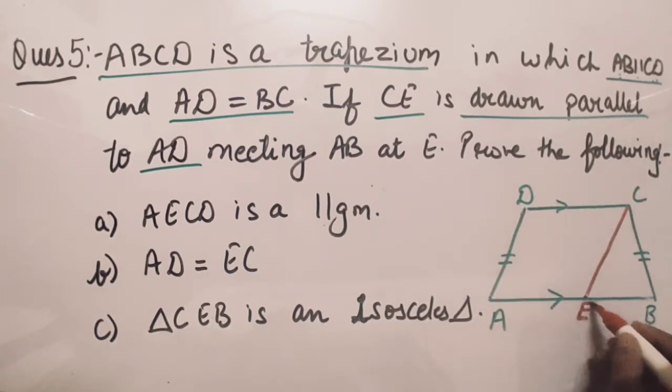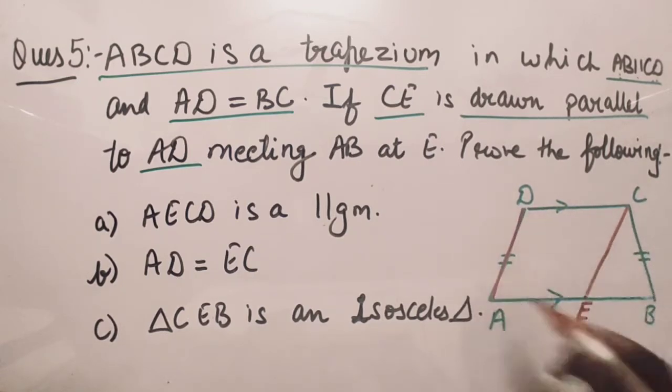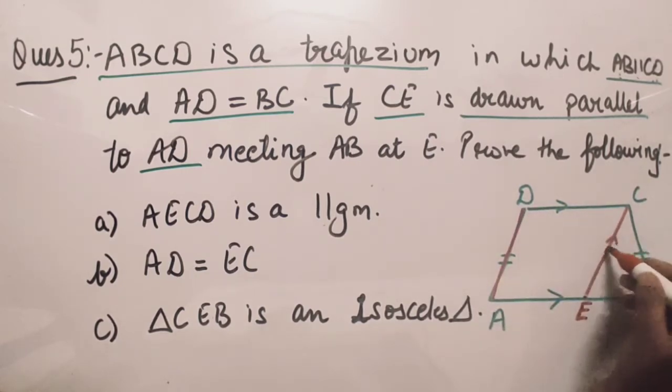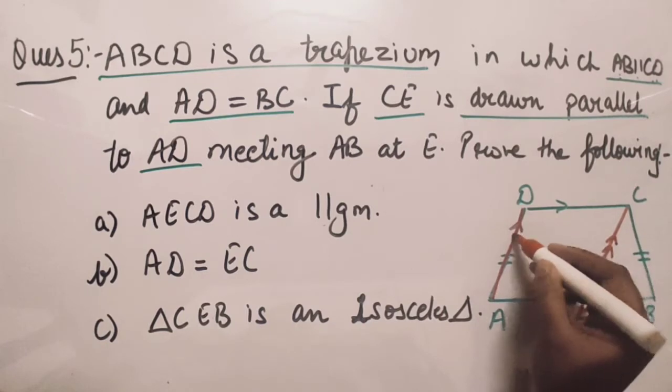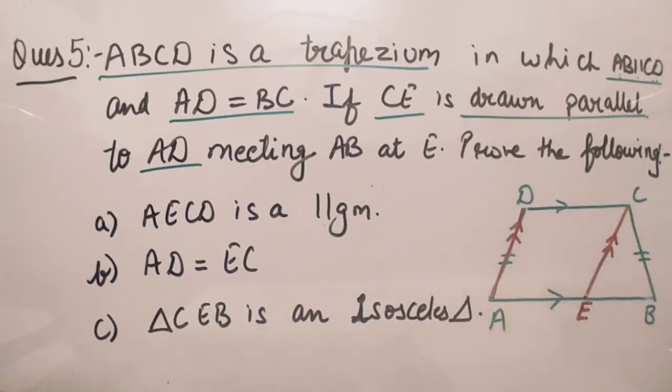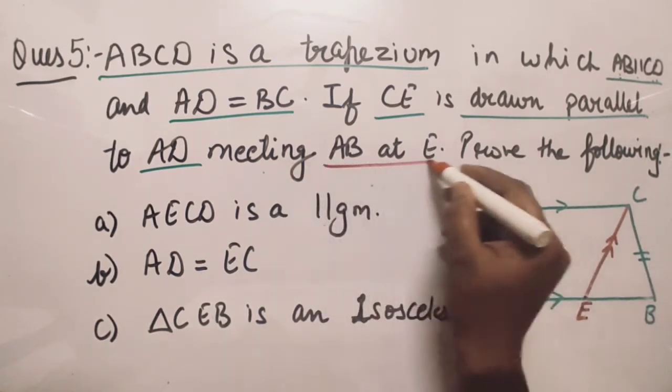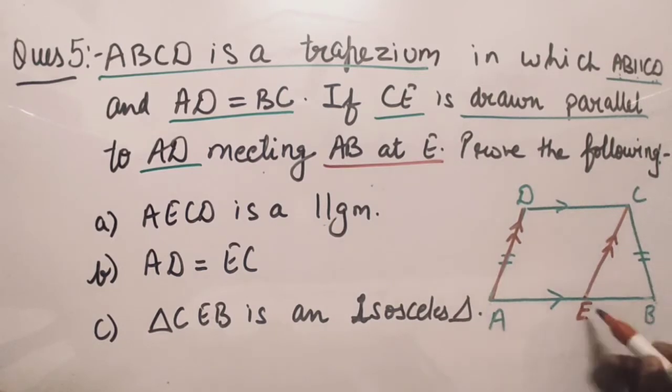So let me make an arrow to show that it is parallel to this side, meeting AB at E. So now this is the required figure as per the given question.